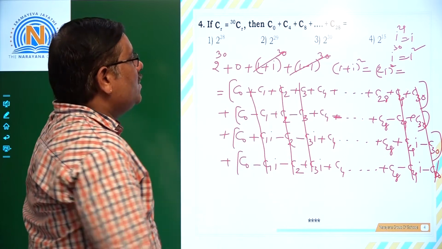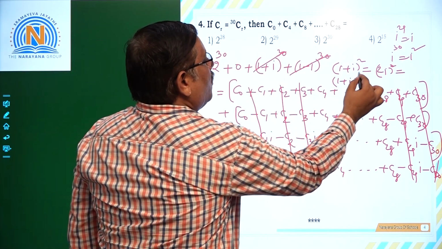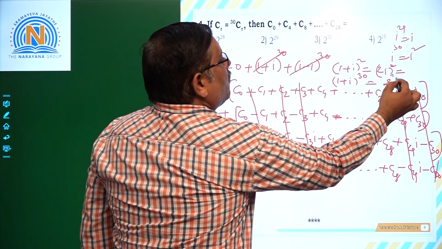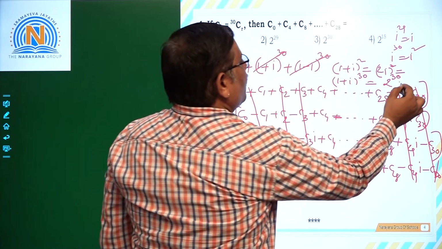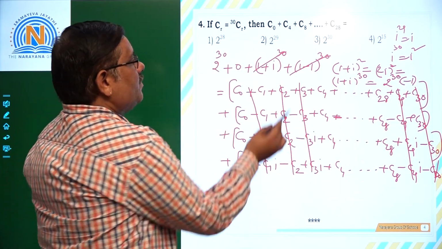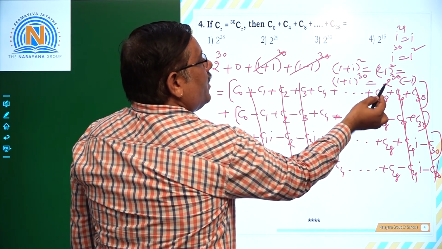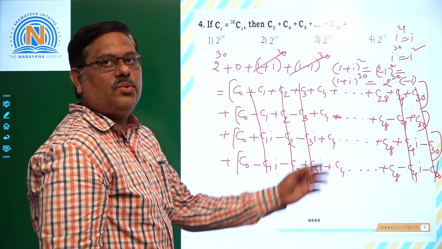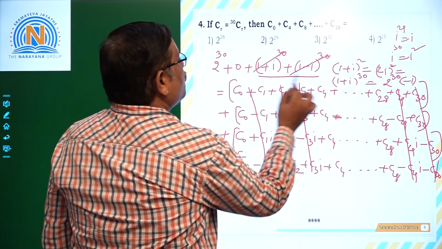So (1 plus i) whole power 30 is nothing but 2 power 30 times i power 30. What is i power 30? It is minus 1. Similarly, (1 minus i) whole power 30 gives minus 2i power 30, that will be plus 2 power 30. Minus 2 power 30 plus 2 power 30 will cancel. So these two terms will cancel.